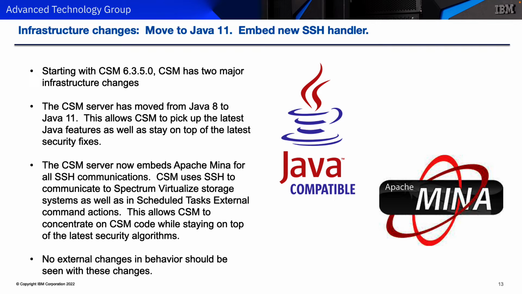So we now embed Apache Mina into CSM as our SSH solution, so that Apache Mina can provide all the security updates, et cetera, as we go forward and we can take advantage of all that Apache Mina, because it's focused on SSH, has to offer.